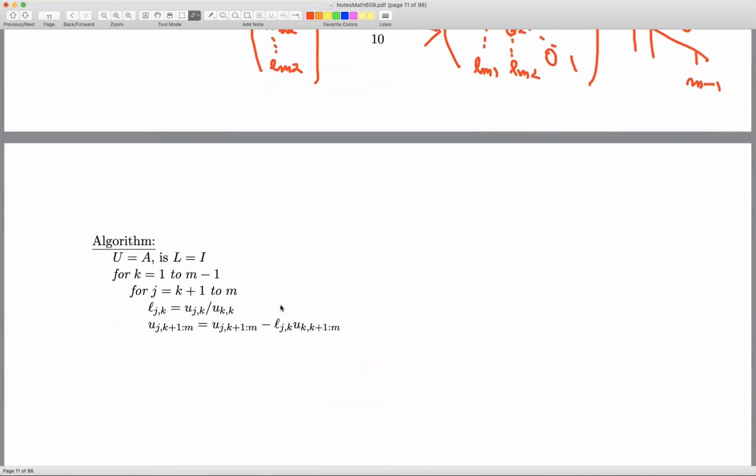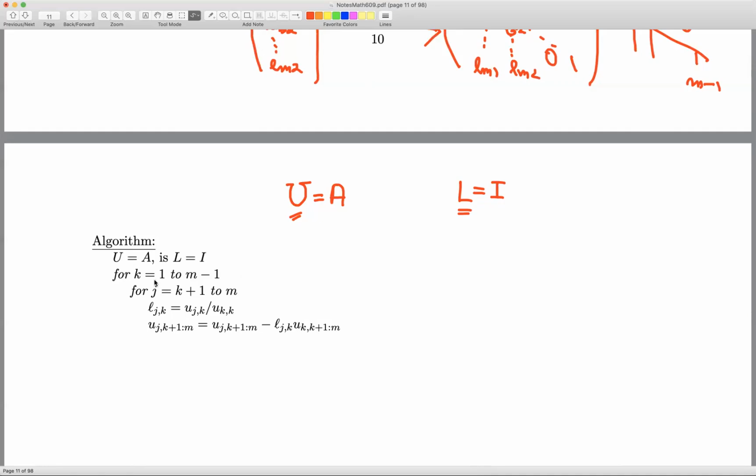So what we start with, we set that the matrix that we would like to end up with, U, we set it first to be equal to the matrix A, and the matrix L to be equal to the identity, and then we gradually will populate the matrix L.